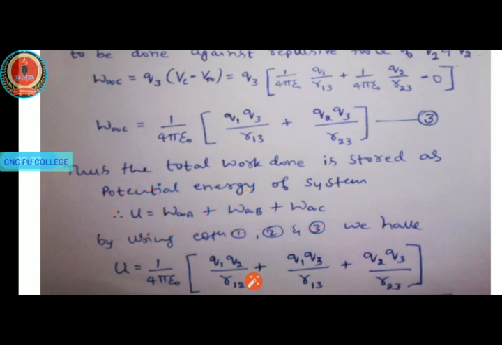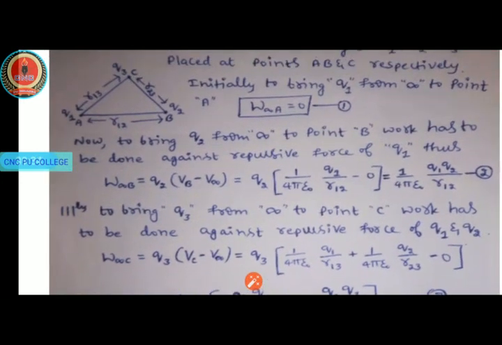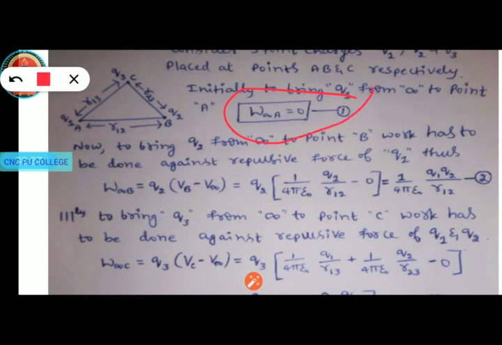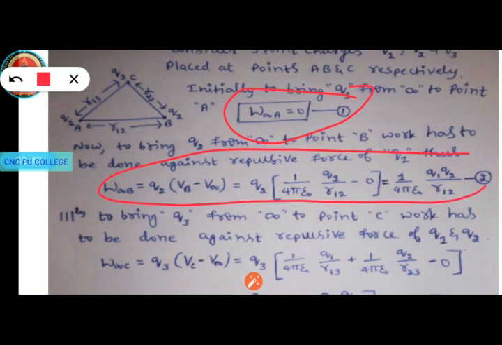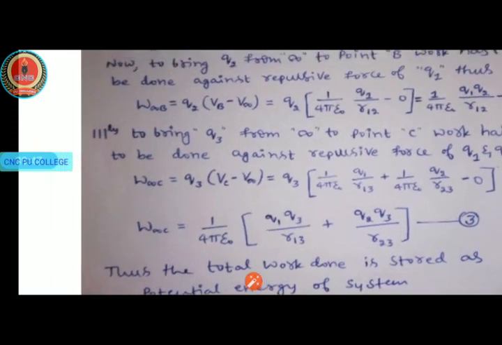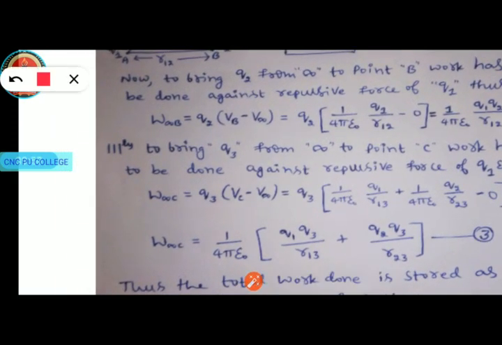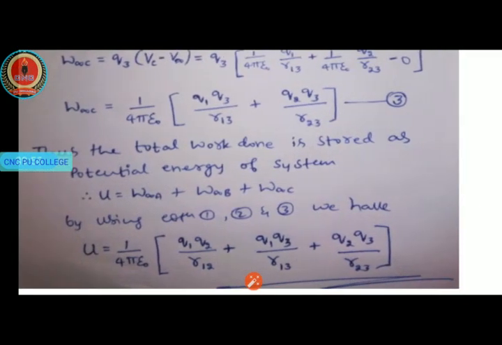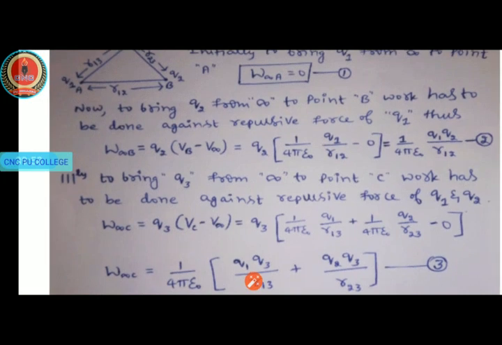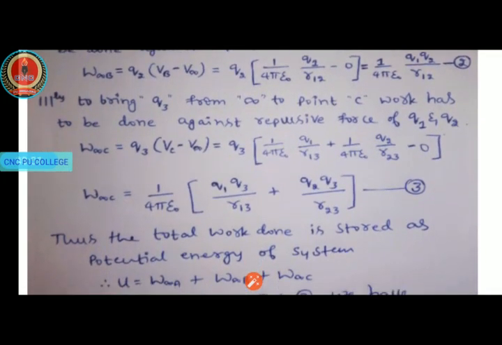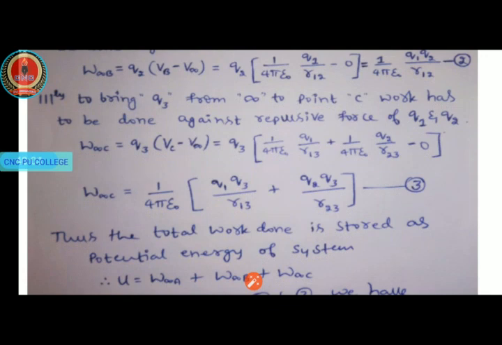We have to make use of all the 3 equations, that is W infinity A plus W infinity B plus W infinity C. We have to add all the three. So the first one, W infinity A, is 0. Second one, 1 by 4 pi epsilon naught Q1 Q2 by R12. Third one, 1 by 4 pi epsilon naught of Q1 Q3 by R13 plus Q2 Q3 by R23.